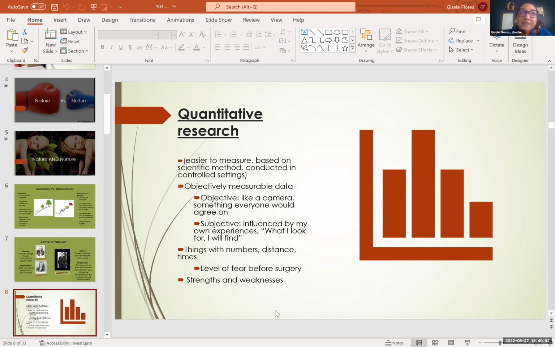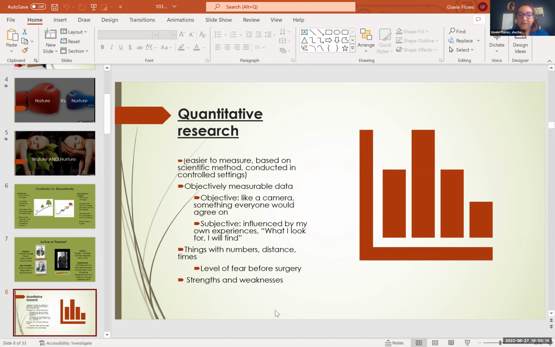And because it's based on the scientific method, we're looking at controlled settings. So we have the ability as the scientist, as the researcher, to control the variables so that we can get the most accurate result from that study. It's a way to be really objective in what we're measuring.